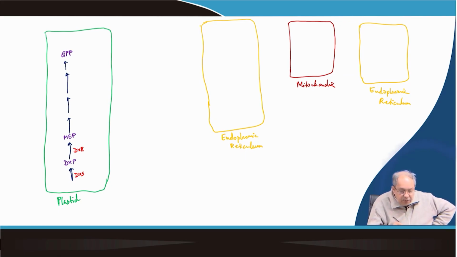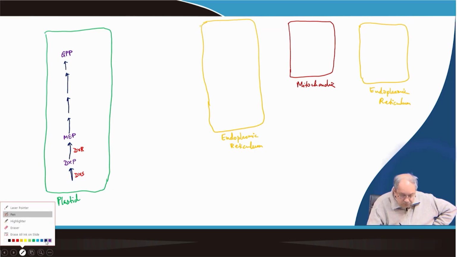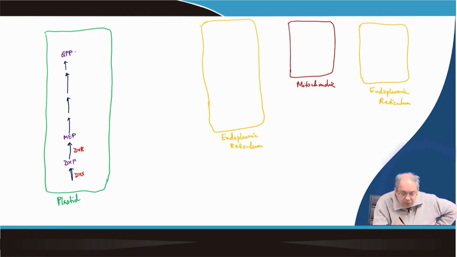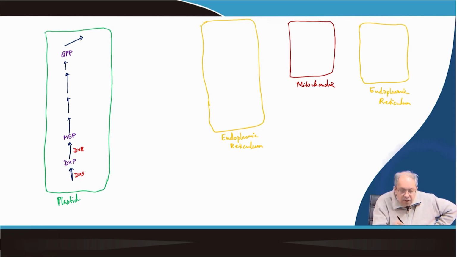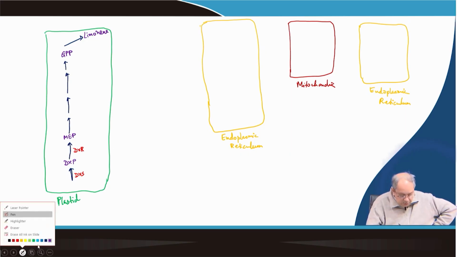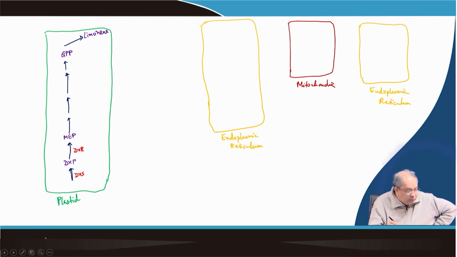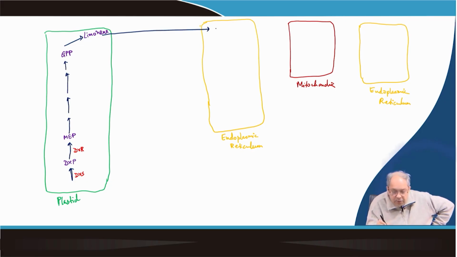GPP will be converted into limonene. This limonene will be transported out and enters into the endoplasmic reticulum.